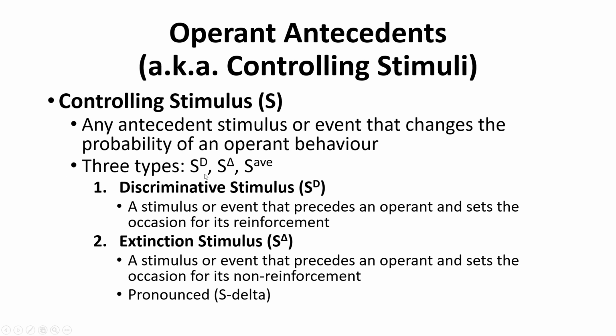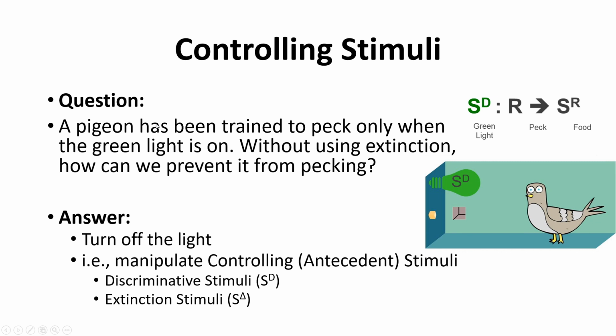So when there is an SD present, then that behavior is going to be more likely to occur because in that situation, the behavior would be followed by a reinforcer. If an S delta is present, then the behavior is going to be less likely to occur because that behavior won't be followed by a reinforcer. Okay, so that sets the ground rules for some of the terms we're going to need moving forward.